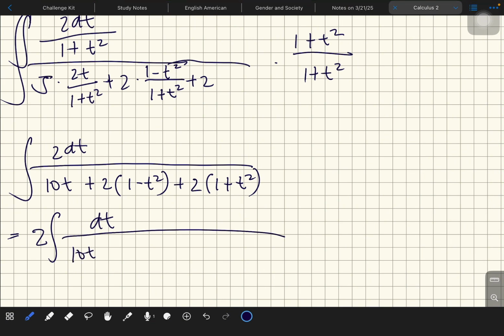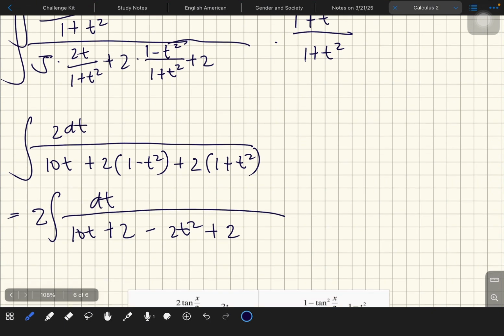Distribute: 2 times 1 equals positive 2, 2 times negative t squared equals negative 2t squared, plus 2 times 1 equals 2, and 2 times positive t squared equals positive 2t squared.